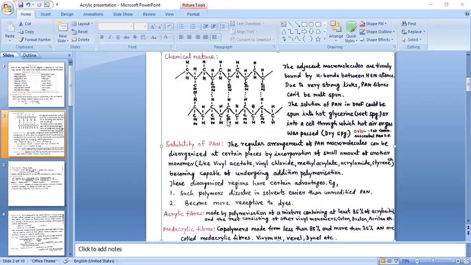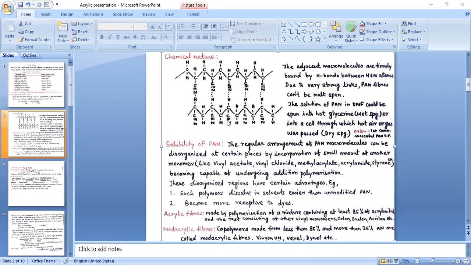So it is disorganized by incorporating small amounts of other monomers like vinyl acetate, vinyl chloride, etc. So the first advantage is such polymers dissolve in solvents more easily than unmodified. The disorganized molecule dissolves easily as compared to the organized one. That's why it is disorganized.